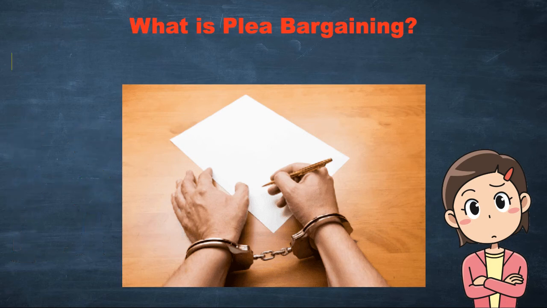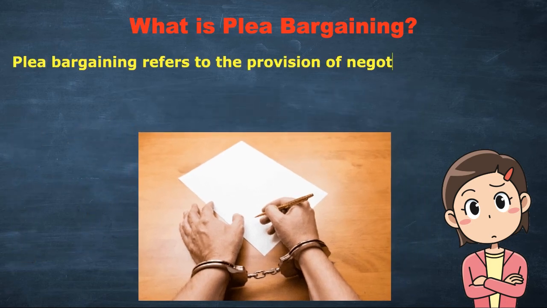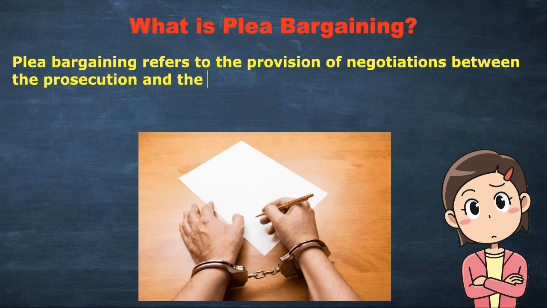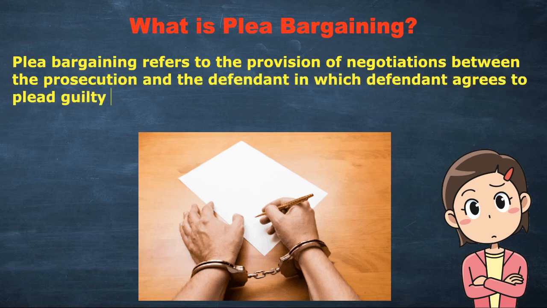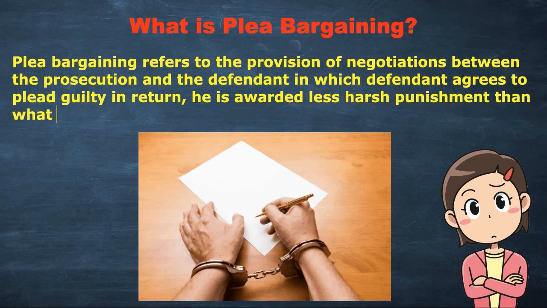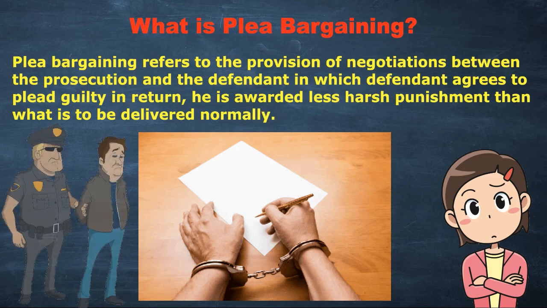So plea bargaining refers to the provision of negotiations between the prosecution and the defendant, in which the defendant agrees to plead guilty. In return, he is awarded a less harsh punishment than what would normally be delivered.